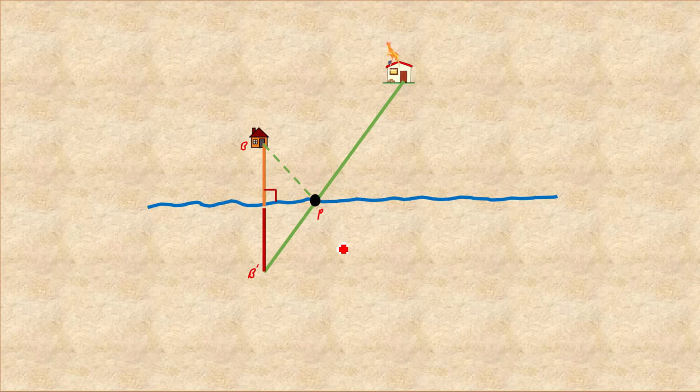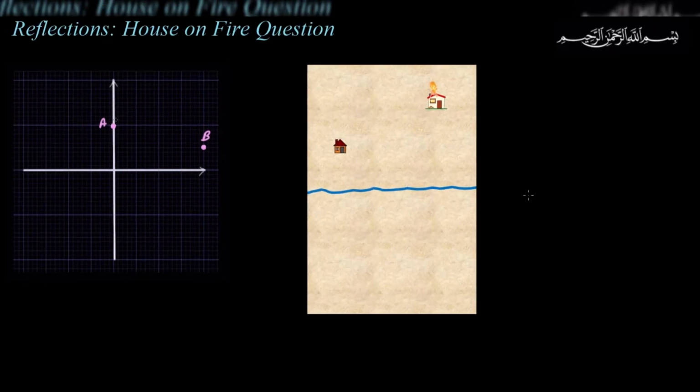Now, if this question was given to you on a Cartesian plane, let's say you wanted to go from point A to point B, but stopping somewhere on the x-axis over here. So if you wanted to go from A to C like this, what would be the shortest distance stopping at the x-axis? Would that be this point, or this point, or this point over here?